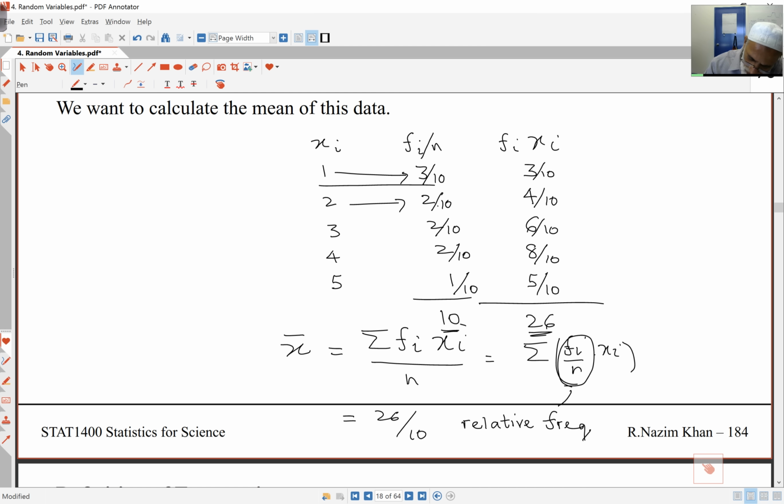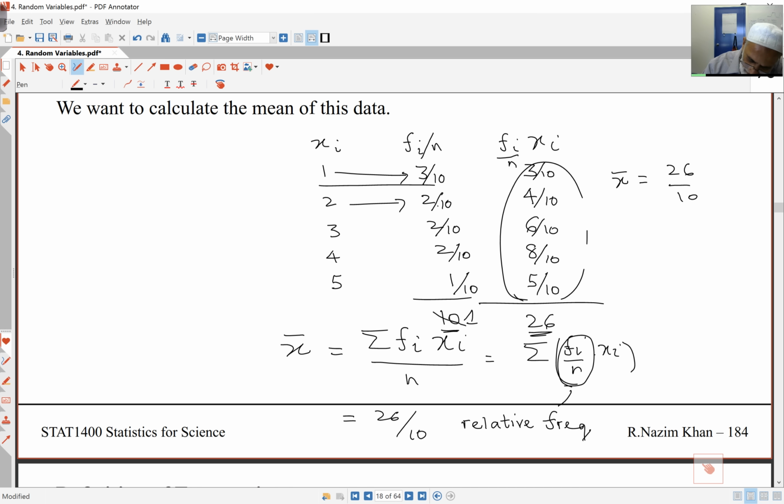Now this actually becomes 1 because these things all add to 1. And if I simply add these, fi over n times xi, if I add all these up, I'm going to get x bar as 3, 7, 13, 21, 26, and of course the 10s are constant here, I get 10.